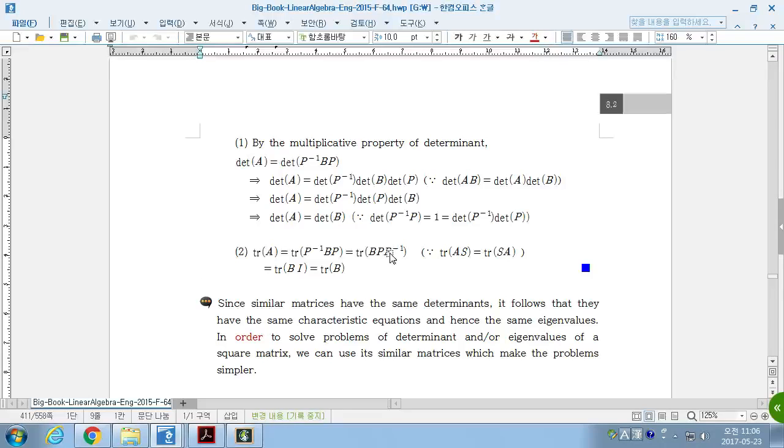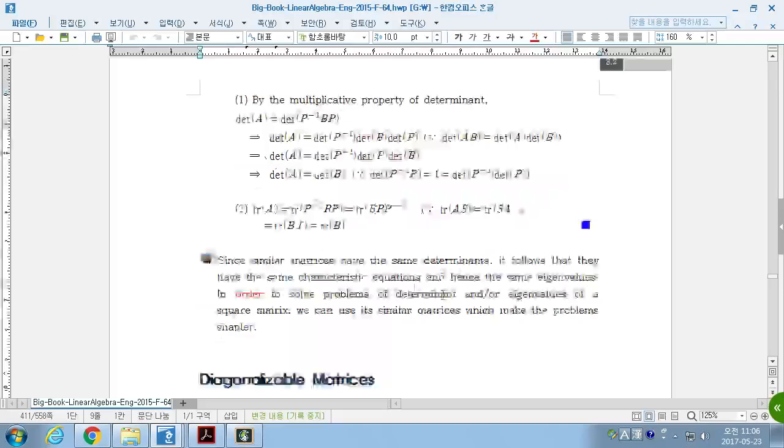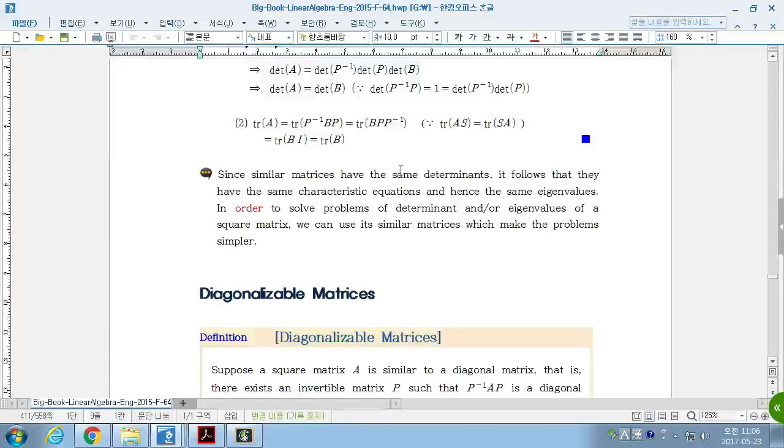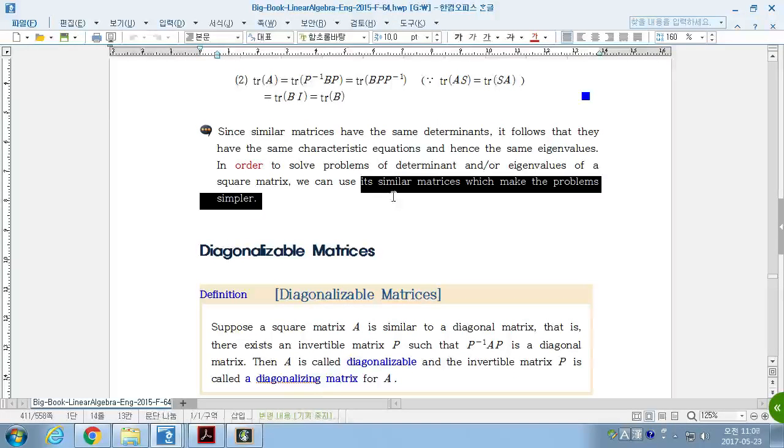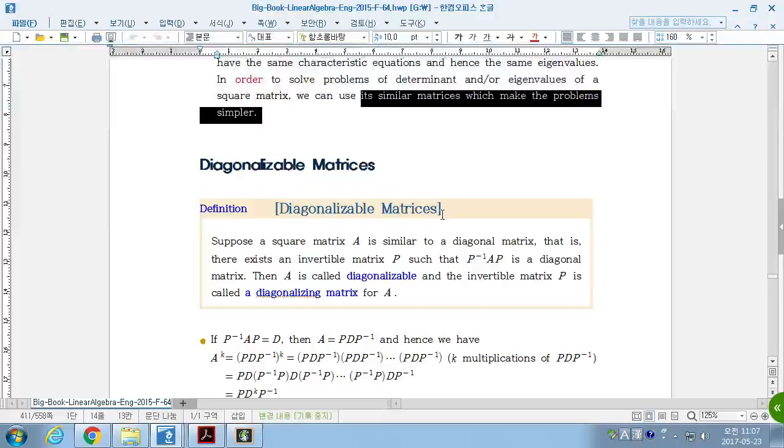Then P times P inverse is going to be the identity matrix. So we have the trace of A is the same as the trace of B. So the trace should be the same. This gives us lots of interesting properties of matrices, and we can simplify many real world problems with these properties.